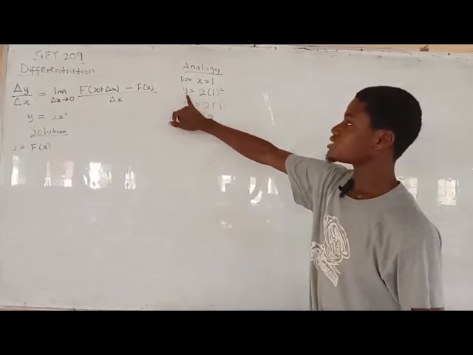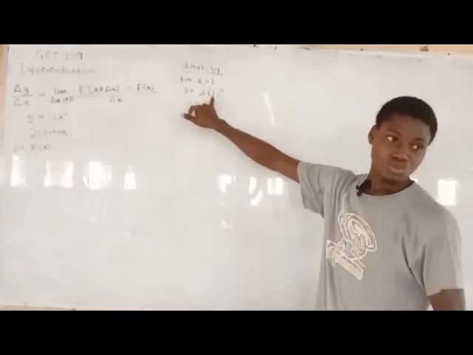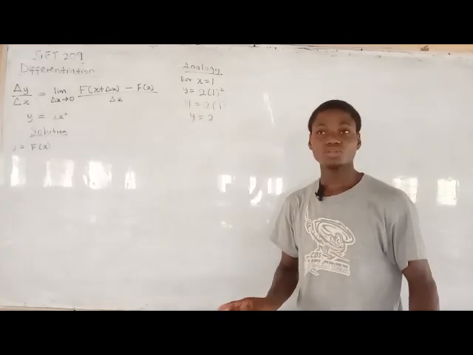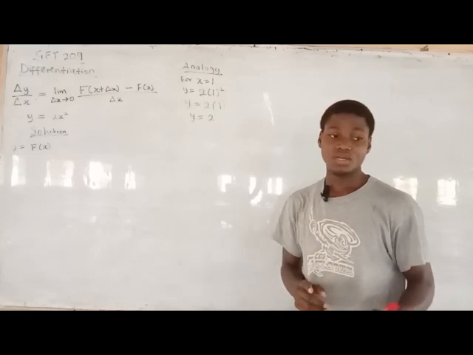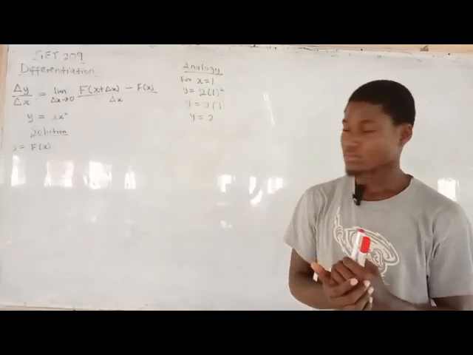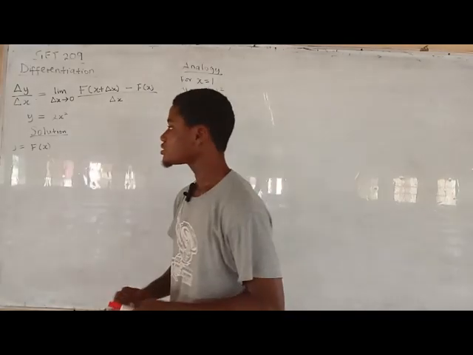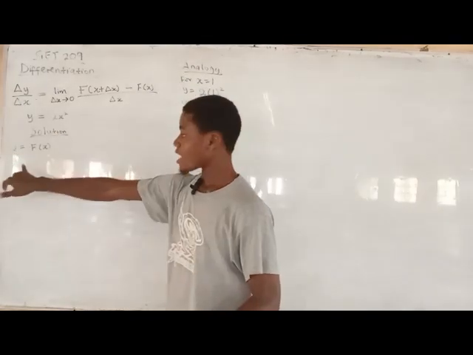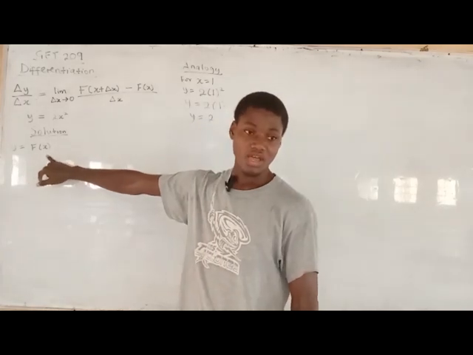This y is a function of x. So whatever x will be, whatever y will be depends on what x will be. So that being certain, we know that for this particular equation, y is a function of x.